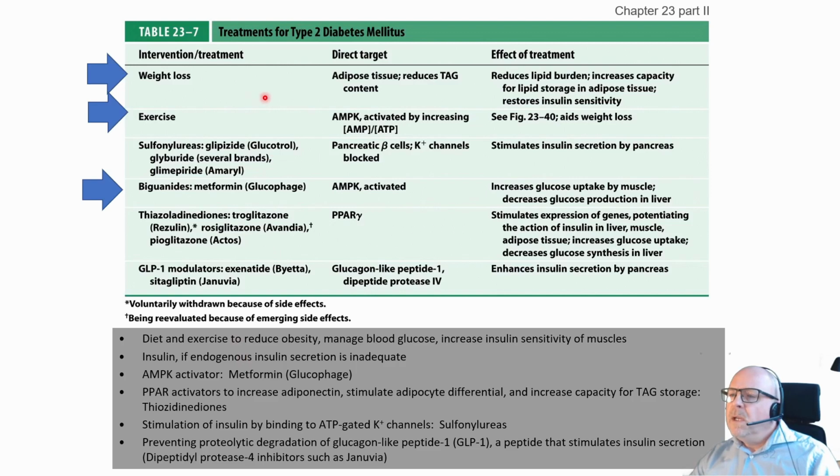So, treatments for diabetes mellitus: weight loss is one, exercise is another via AMPK, and metformin, the drug, AMPK activated. And then there were a couple of drugs we talked about that actually affect the potassium channels in the pancreatic beta cells. We just mentioned them and I put the URL.